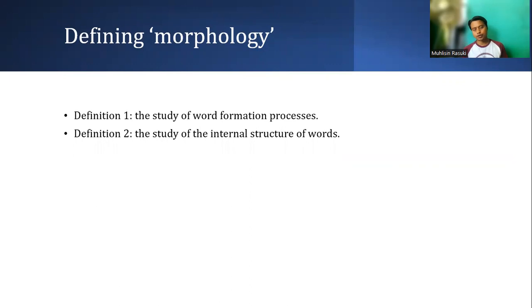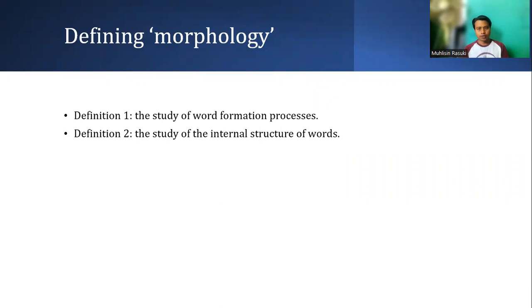I provide two definitions here. The first definition says morphology is the study of word formation processes, and the second one says it is the study of the internal structure of words. These two definitions are usually used by linguists to define the field of morphology.